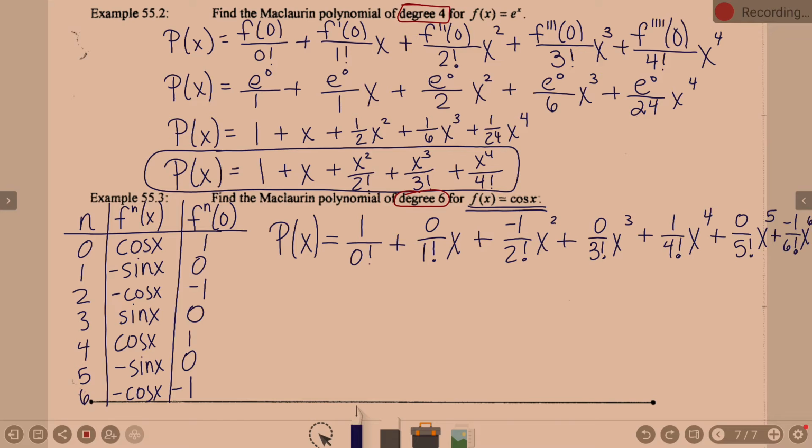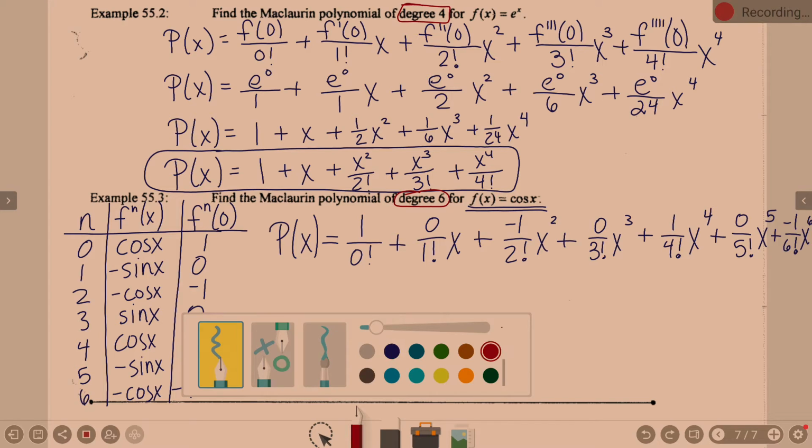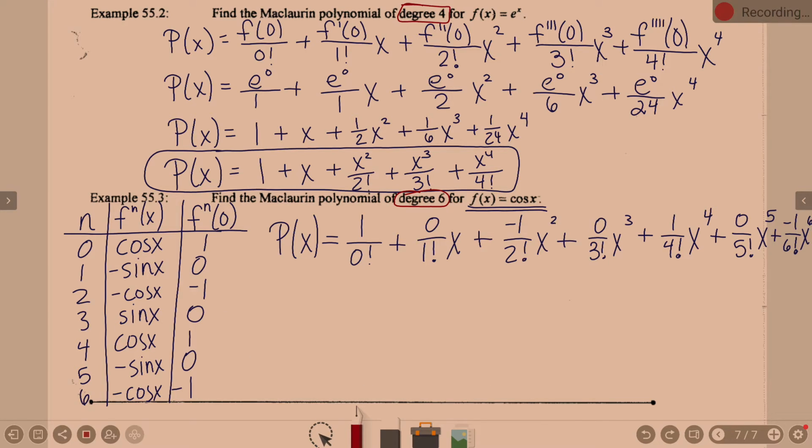What do you notice? Every so often, it's just 0. Or every other is 0. In cosine, notice all of my odd powers are 0. I have a feeling sine is the opposite.